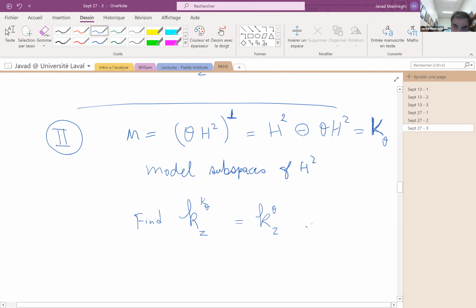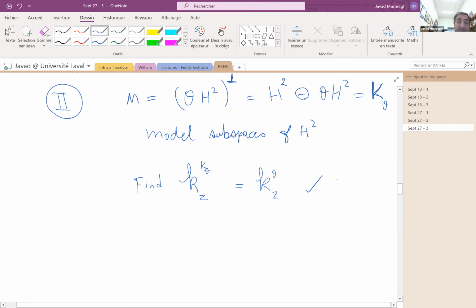In particular, try to find this one, which is important. And I will talk, not today, but in the near future, about the generalization of this, which will include this as a special case, when we talk about HB spaces, de Branges-Rovnyak spaces.